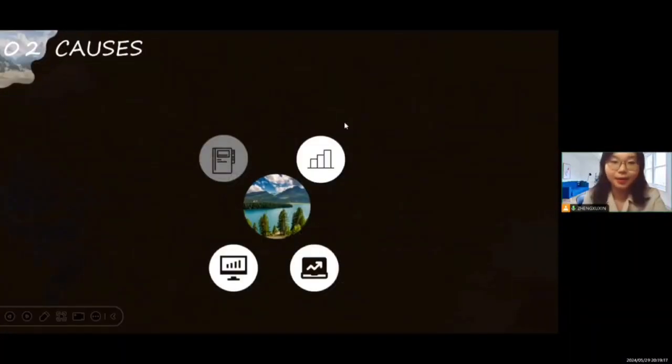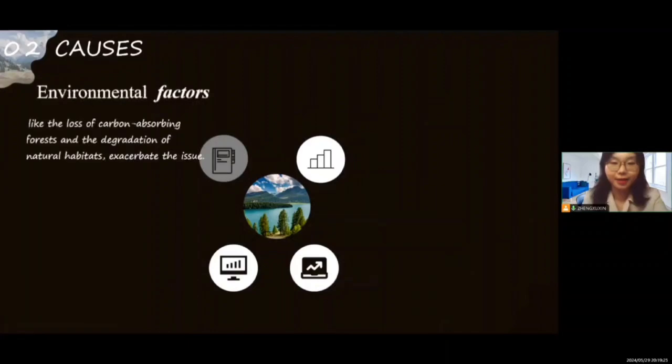The second is causes. The root causes of this issue are multifaceted and interconnected. Firstly, environmental factors, like the loss of carbon-absorbing forests and the degradation of natural habitats, exacerbate this issue.